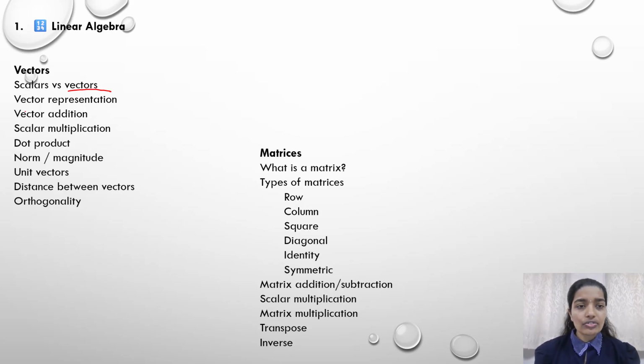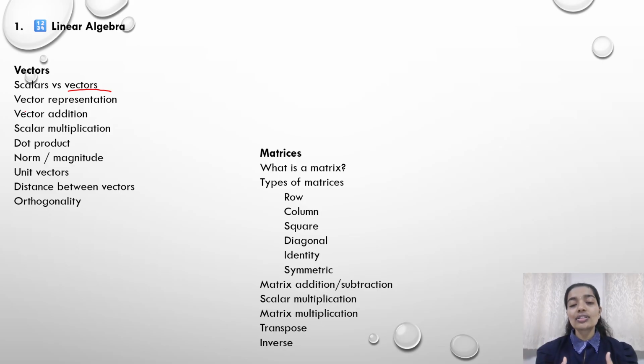Then next we have matrices. As I said, whenever we talk about vectors, matrices automatically come with it. There is something in machine learning that we call the confusion matrix. Very soon I'm going to make a detailed video on confusion matrices, when we talk about performance measures like accuracy, recall, precision, F1 score.